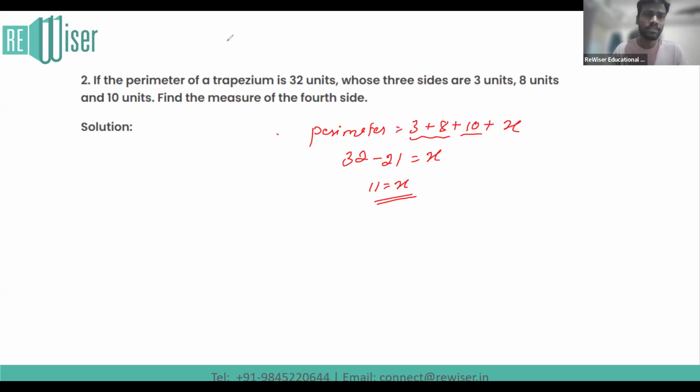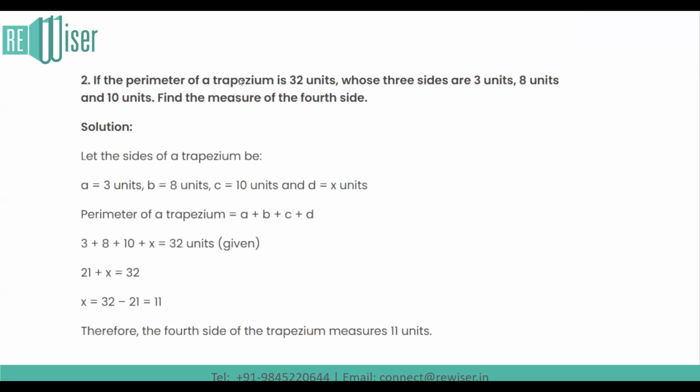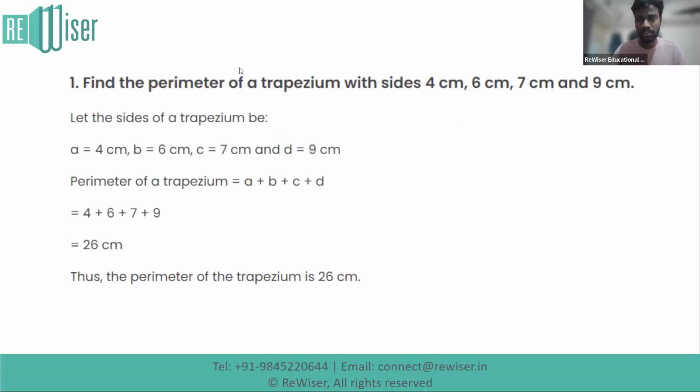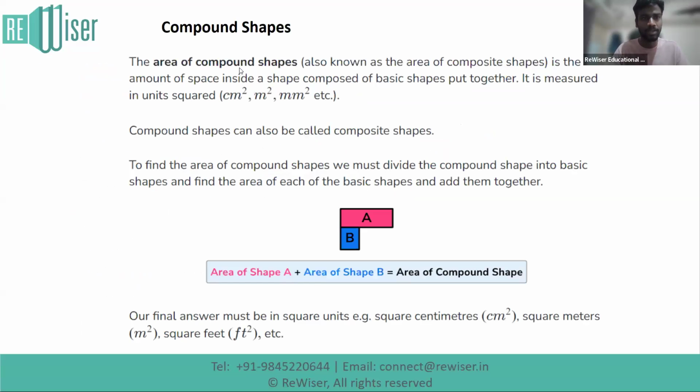Done. Yes. We can also try, oh, this is also on perimeter. Okay. Then if I have compound shapes, see here, whenever we have a rectangle, square, parallelogram, or trapezium, we can straight away find out the perimeter and the area using the formula.